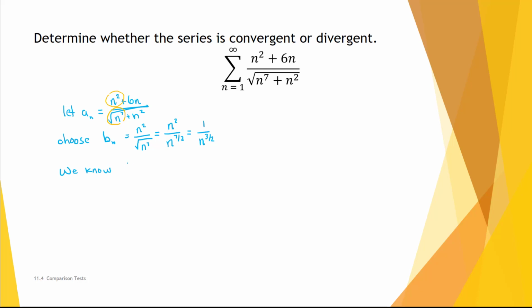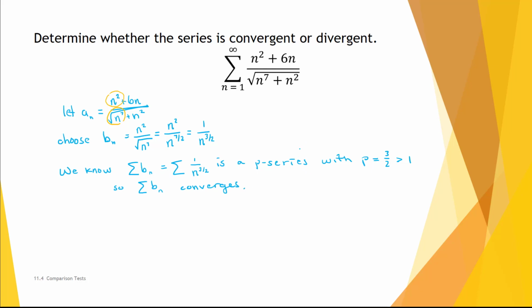We know that the series of the terms b sub n, equal to the series of 1 divided by n to the 3/2 power, is a p-series with p equal to 3/2, which is greater than 1. So the series b sub n converges.